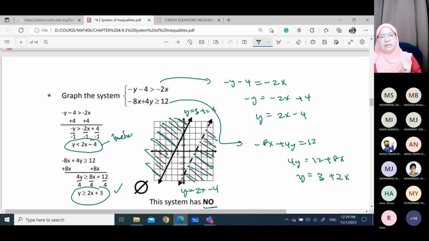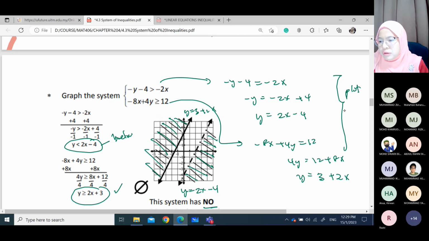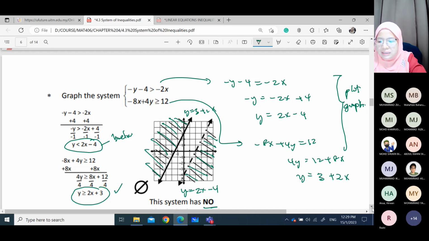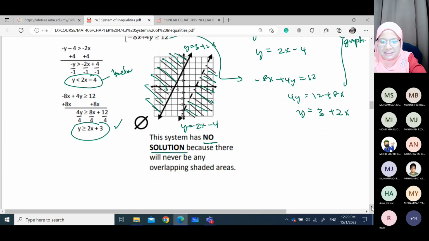Y ni mudah lah sebab dia antara atas graf ataupun bawah graf. Macam tu. Okay? Boleh? So yang untuk system of equation ni untuk plot graph, yang ni kena banyak exercise lah how to plot the graph. Okay, ada soalan tak setakat ni? Tak ada.